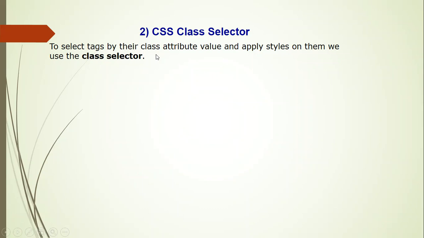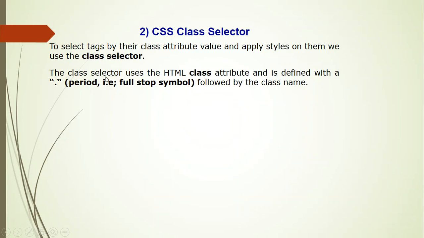What is a class selector? To select the tags by their class attribute value and apply styles on them, we use the class selector. The class selector uses the HTML class attribute, and this class is a global attribute. The meaning of global is that this class attribute can be included with every single tag of HTML.